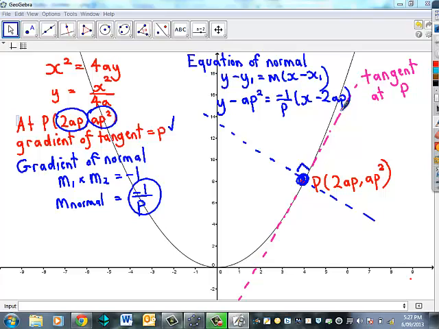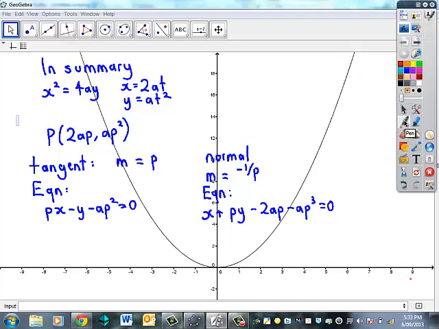And multiplying both sides by p, we'll get py minus ap cubed equals, and expanding that negative out the front, minus x plus 2ap, and that can be rearranged into general form as x plus py minus 2ap minus ap cubed equals 0.